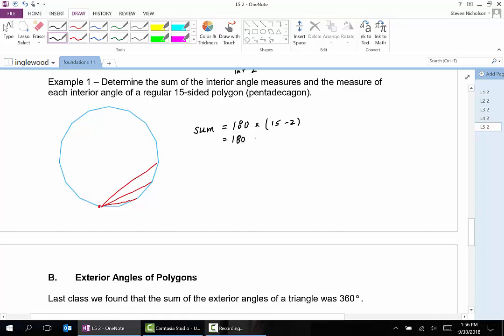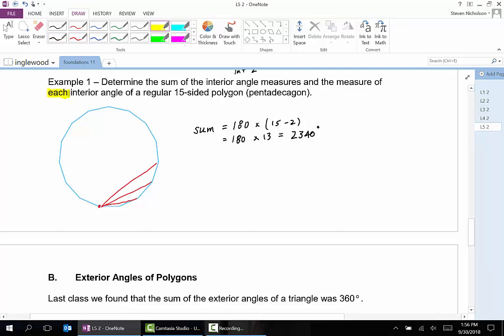So we get 180 times 13, which is equal to 2,340 degrees. So in that pentadecagon, that 15-sided figure, I don't know what the angles are right now, but I know all of them add up to 2,340.